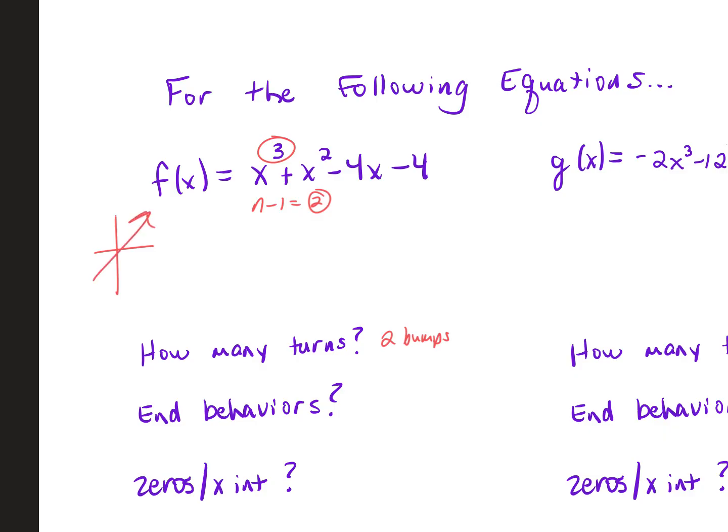So the ends are going to resemble the end of a positive line. So reading from the left to the right, what's going on for our end behaviors? What's going on the left-hand side? Is it rising or falling? Falling on the left. And rising on the right, correct? Okay, perfect.